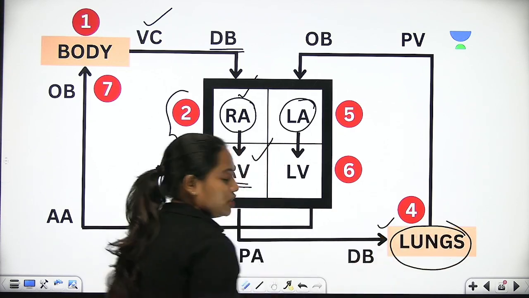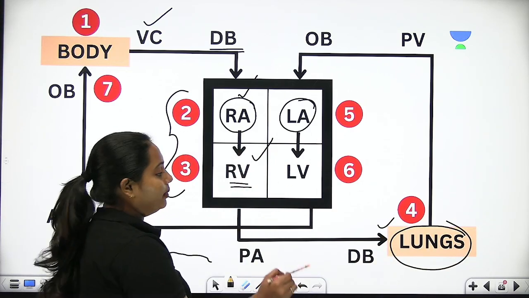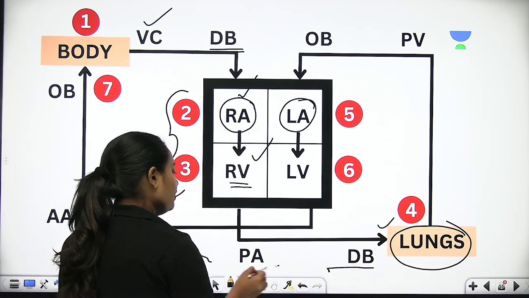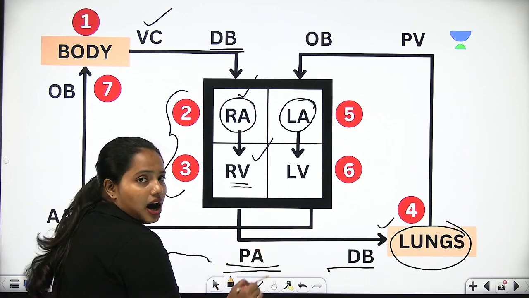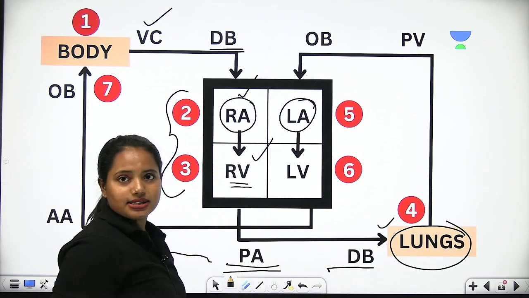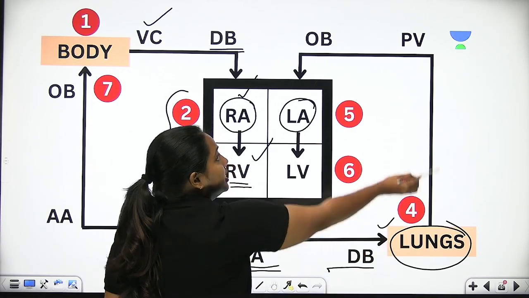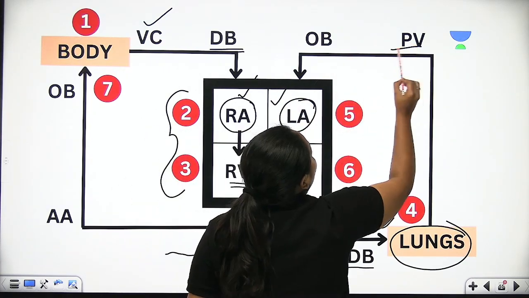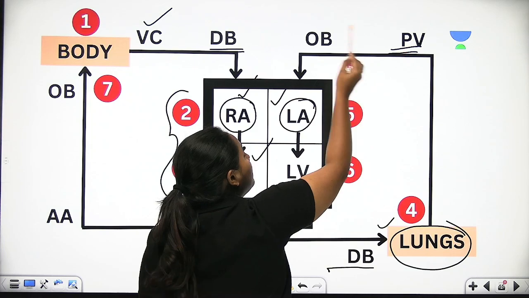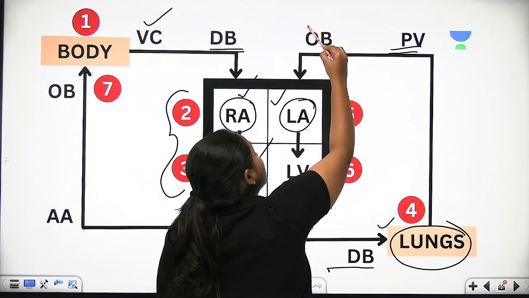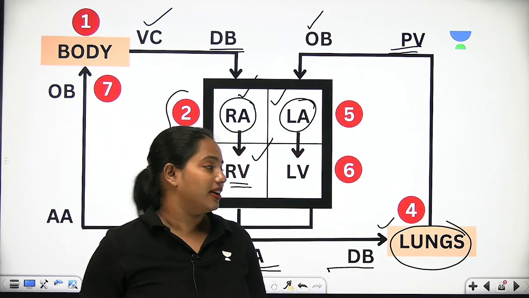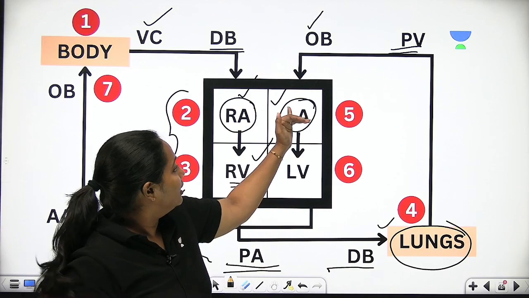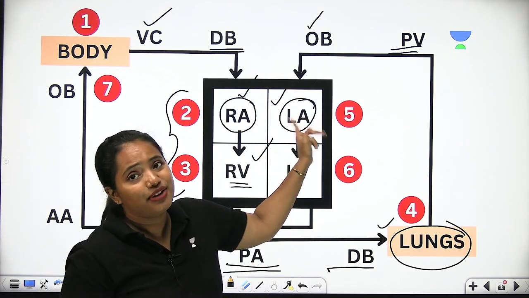That's the fourth position. But how is it happening? Deoxygenated blood will be carried by the pulmonary artery towards the lungs. And from the lungs, it is going to reach the left atrium via the pulmonary vein. And what will be carried by the pulmonary vein? It's nothing but oxygenated blood. So here the blood has reached the left atrium.